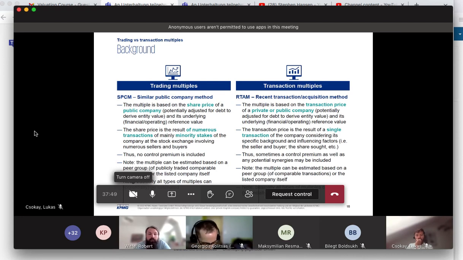Secondly, when you look at the share prices, you see that the share prices are based on numerous transactions, right? Multiple transactions, thousands of transactions each day, right? Giving you a sense of the current, well, market sentiment or market expectation regarding that very company, right?